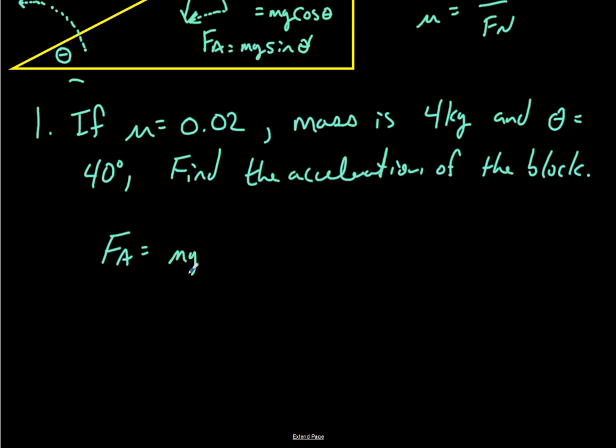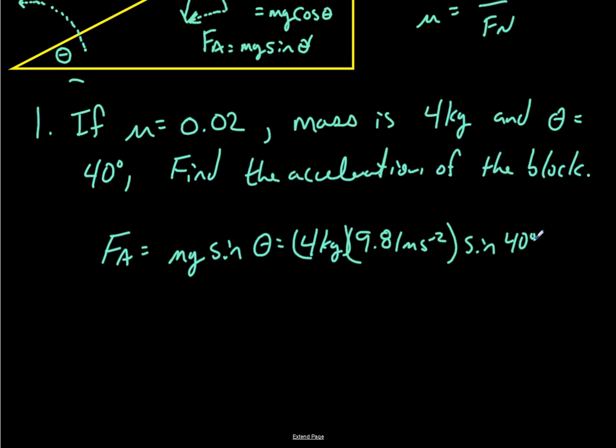Well, that's mg times the sine of theta. So we said the mass was 4 kg. We're going to multiply that by our value of acceleration due to gravity, 9.81 meters per second squared, times the sine of 40 degrees.